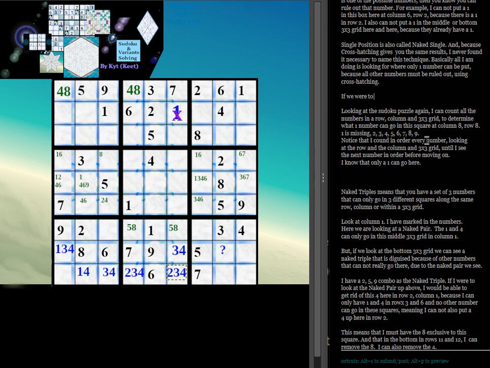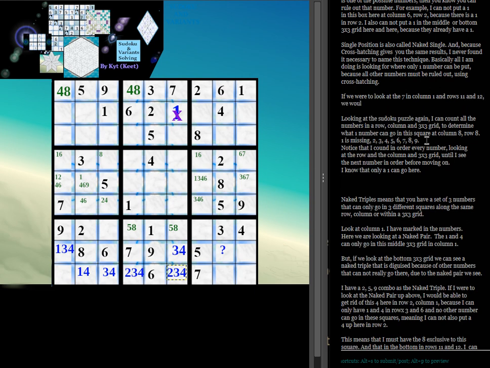If we were to look at the 7 in column 1 and rows 11 and 12, we would know the only spot a 7 can go.